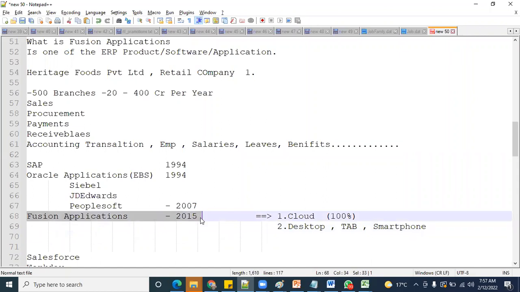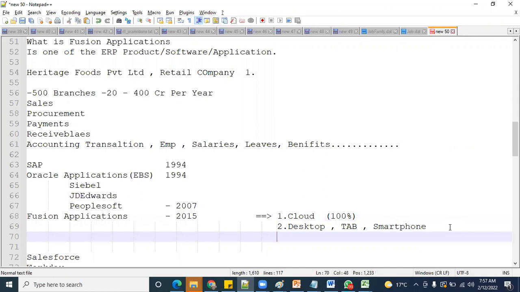This ERP product is accessible from all three devices. It has mobility. Your employees, customers, and suppliers can access the product from all three devices, and it is compatible with all of them.